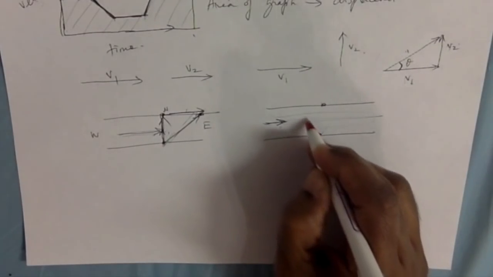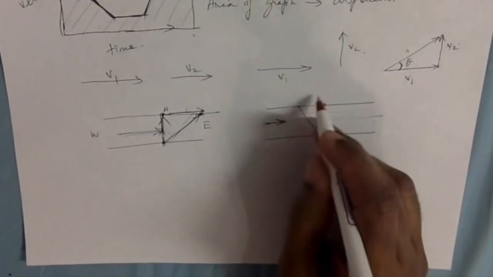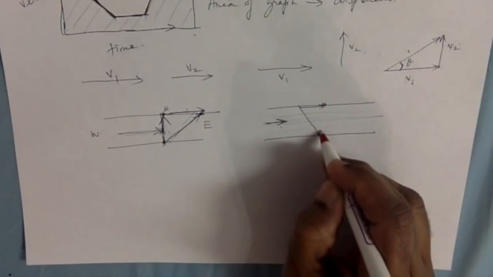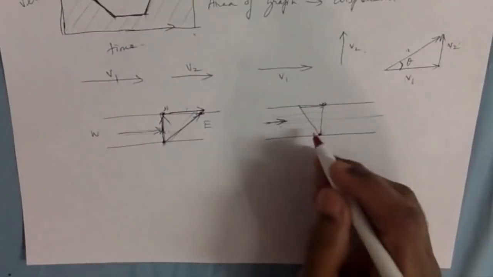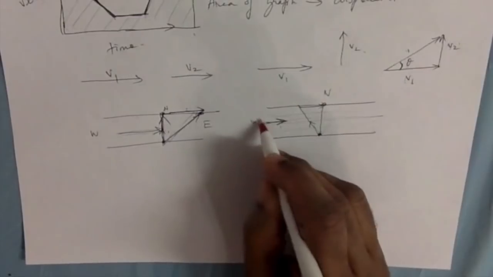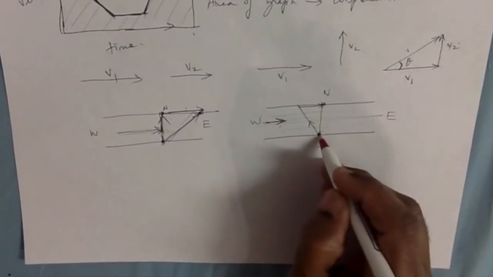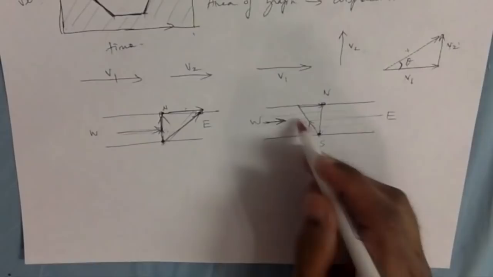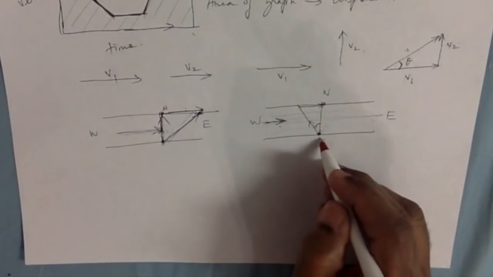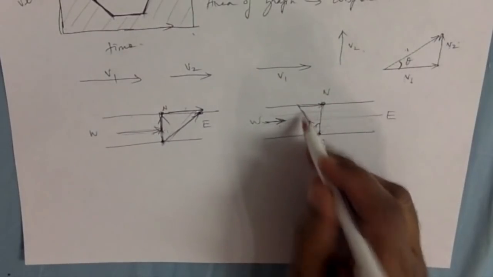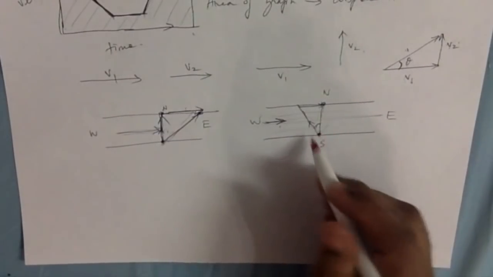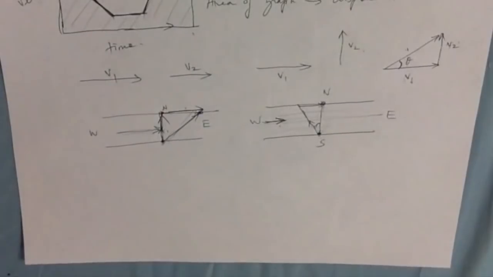If you swim in this direction continuously, the river takes you that way, and ultimately you will end up going straight. So which way should you be swimming? That's north, that's west, that's east, and that's south. You'll be swimming west of north, some angle west of north. You're not going to swim north, but you're going to swim this way, to the west of north. So that way you can figure out which way you should swim in order to reach that particular destination.